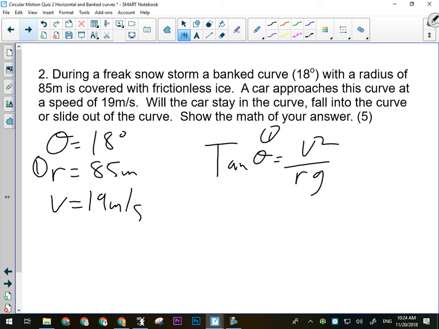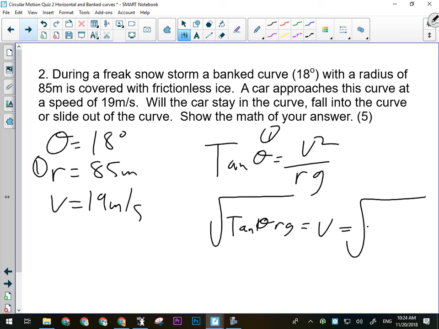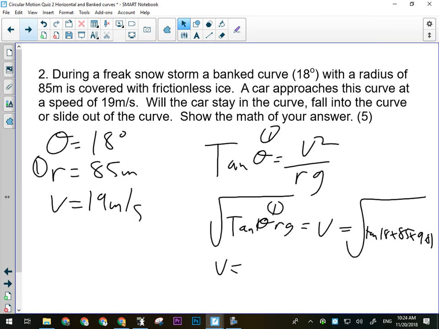That'll be the square root of tan theta times rg, which equals v. So that's going to be the tan of 18 degrees times r, which was 85, times 9.81. Give them a mark for this, and for what v comes out to.